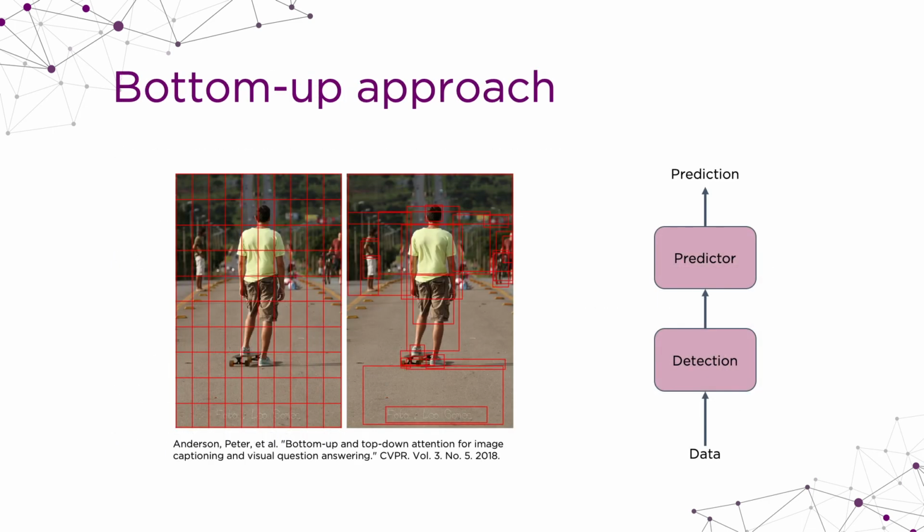And so the last pattern that we will see is the bottom-up approach. So here it's to use some intuition from the task and try to encode it in the architecture. So here the task is to answer one question about this image. So, is there one person doing skateboard on this image?